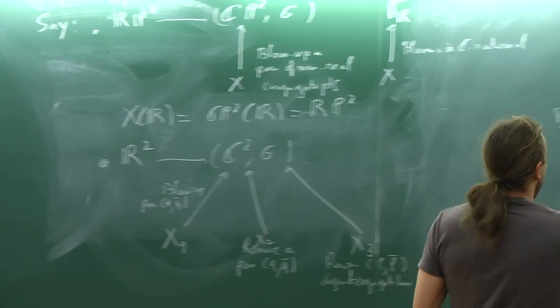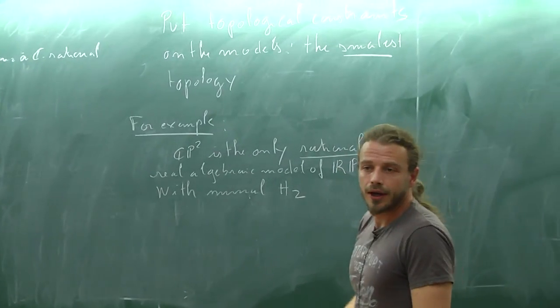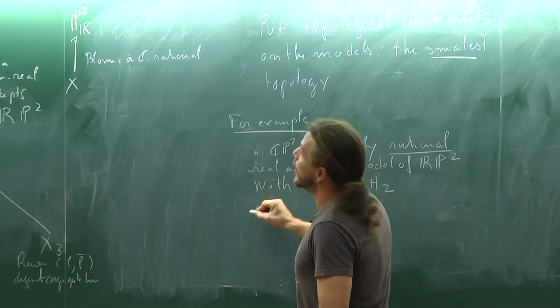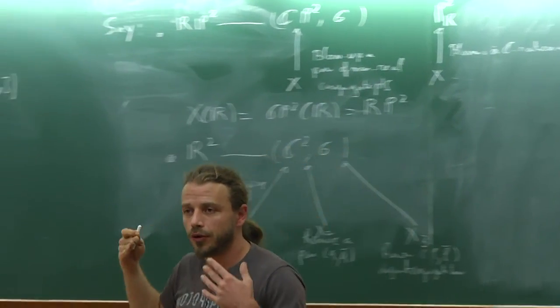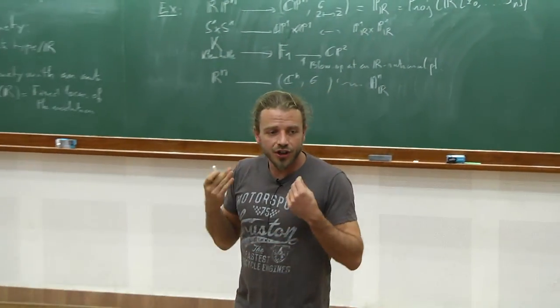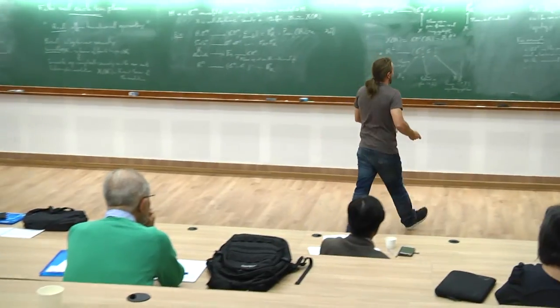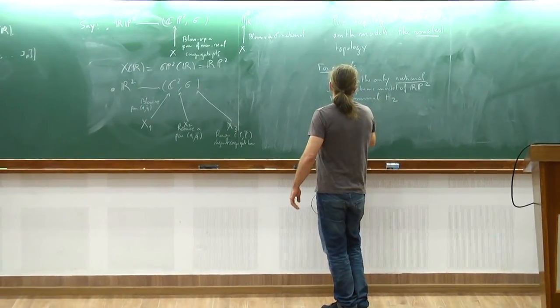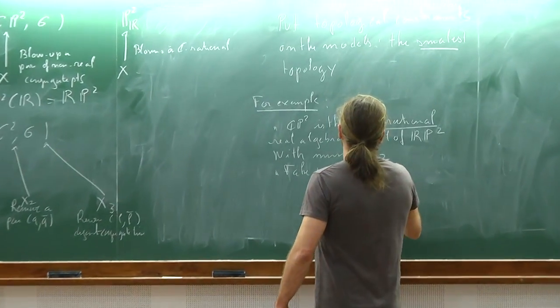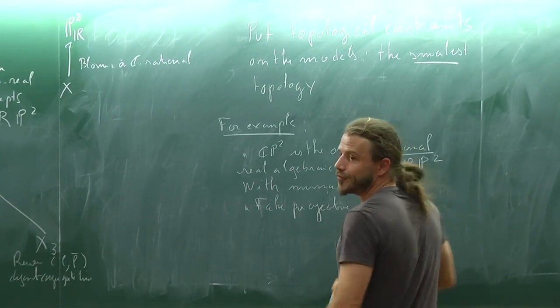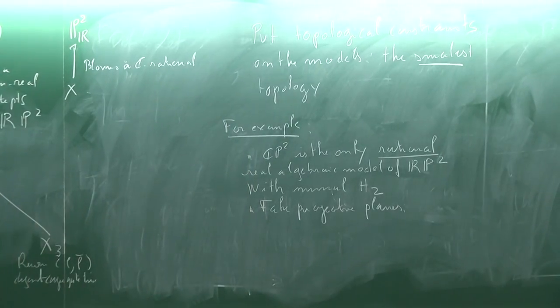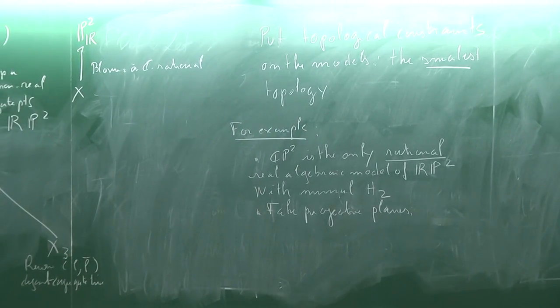Okay, and I said rational. So you could try to look at algebraic models of CP2, of RP2, which have the same homology as CP2. So they are fake projective planes, right? What about fake projective planes? And so we heard about this in previous lectures by Professor Keum. So there are smooth, compact, complex surfaces with the same Betti numbers as P2. And the question is whether they can be equipped with a real structure or not, for instance.